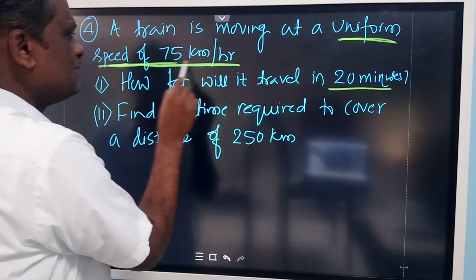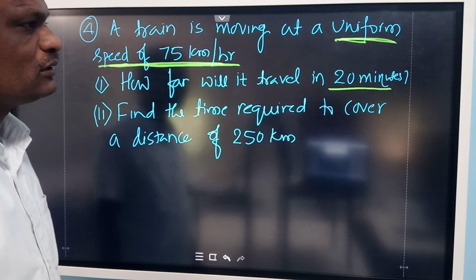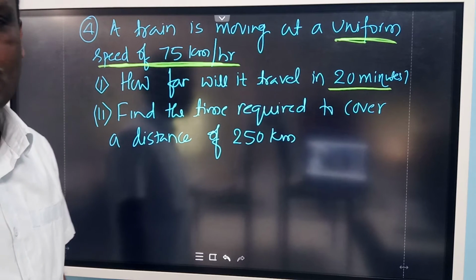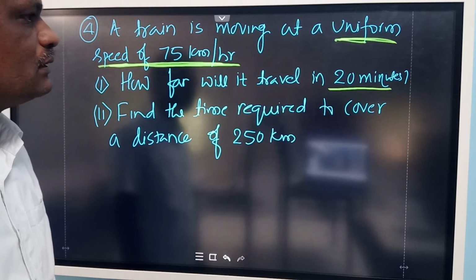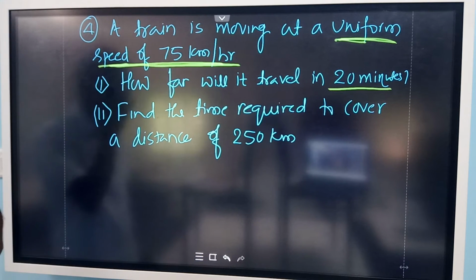Since the speed is uniform, the distance covered is in direct proportion with the time.